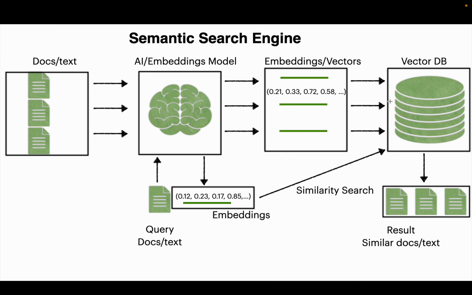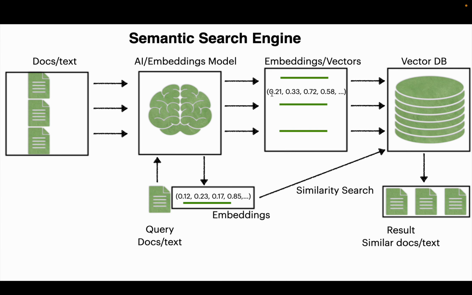So when we query the vector database, we can find the similar vectors very easily and very quickly. To measure the similarity, there are different measures like cosine similarity, Euclidean distance, dot products, etc. But in most cases, we will use the cosine similarity.